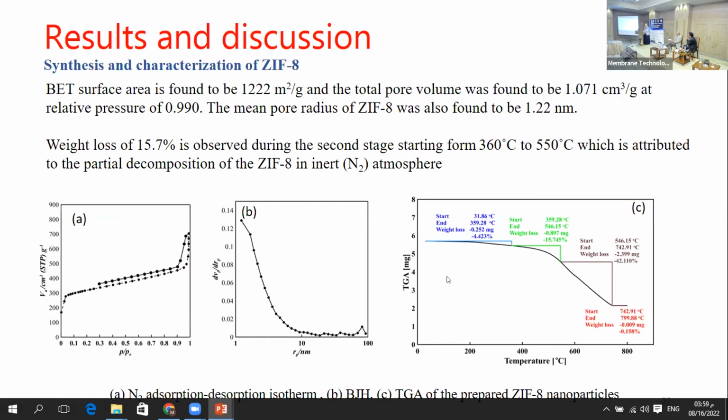The BET results also showed that ZIF8 possessed around 1,200 square meters per gram BET surface area, and it was proved to be stable up to 359.28 degrees Celsius, where it experiences a 15% weight loss.